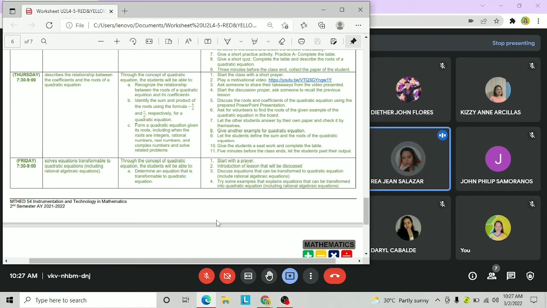Through the concept of quadratic equation, the students will be able to: A, recognize the relationship between the roots of a quadratic equation and its coefficients. B, identify the sum and products of the roots using the formula negative B over A and C over A respectively for a quadratic equation.